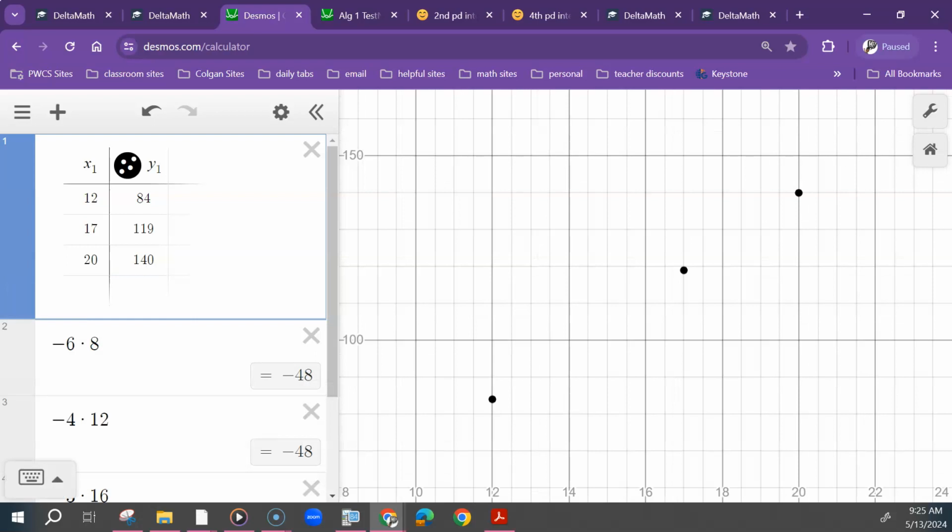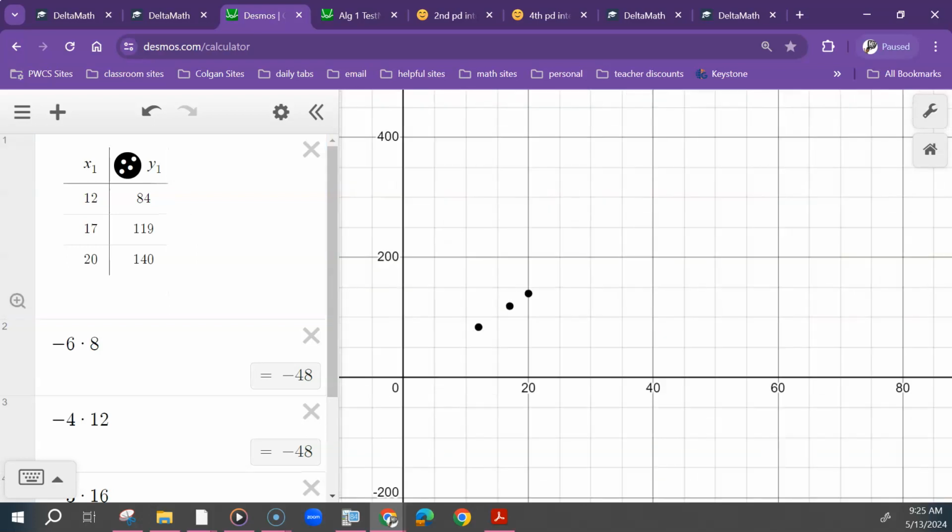So when I look at these points, it looks like they're making a line, but they're really far away from the origin, so I have to really play around with that and count the slope and figure out is that direct or not.